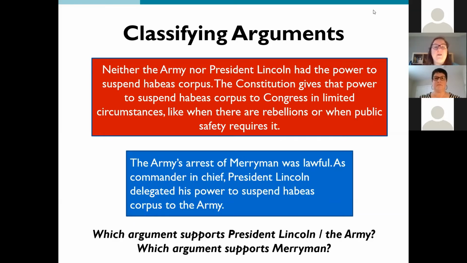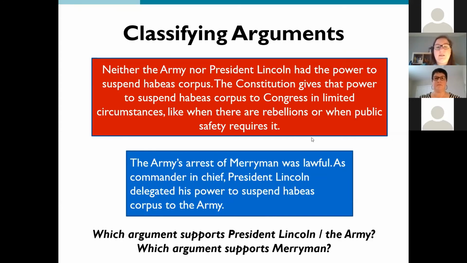In fact, one of our sources that goes with this set is the actual excerpt from the Constitution that talks about Congress's power to suspend habeas corpus. So that's an opportunity for your students to dig into the Constitution itself as one of the sources, and just a very small excerpt of the Constitution, so it's not overwhelming to them.